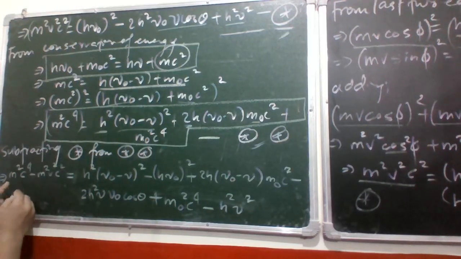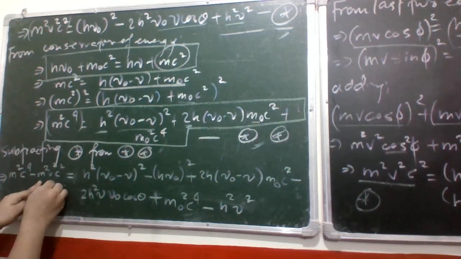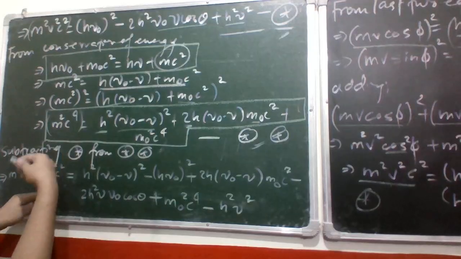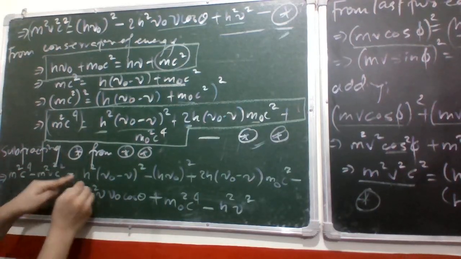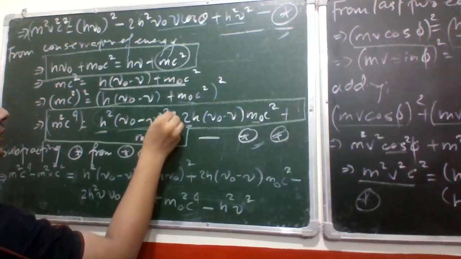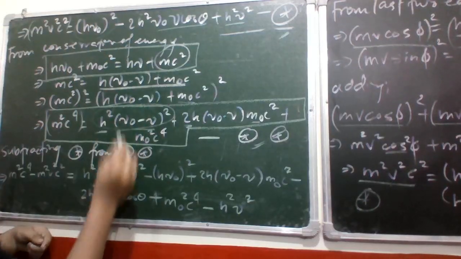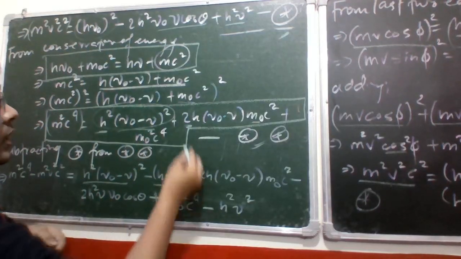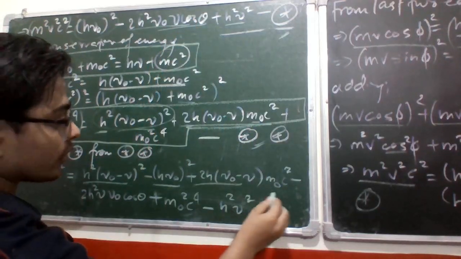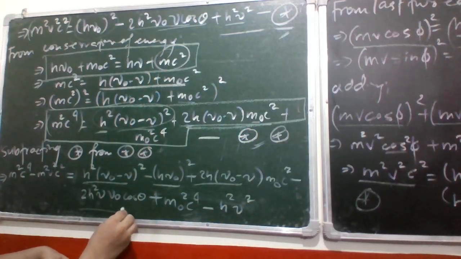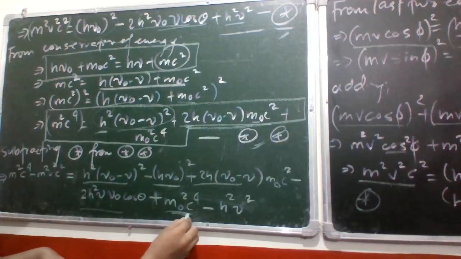So I would subtract m squared c to the power 4 and m squared b squared c squared, and it equals this component minus this component minus this component, plus this whole component minus this component minus this component, and m naught c squared.